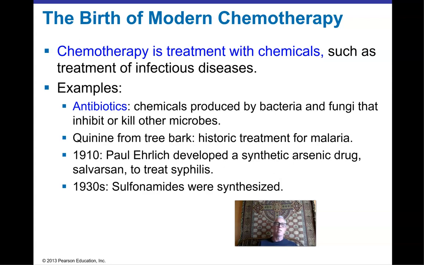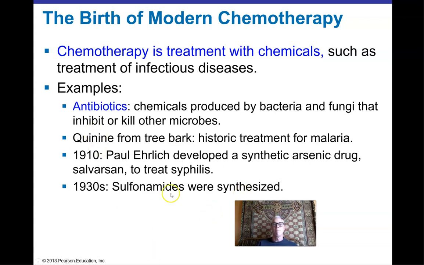And antibiotics specifically are chemotherapies or chemicals that will kill bacteria or fungi, and they come from bacteria or fungi. So they're naturally occurring chemicals that have been discovered, already produced by certain microorganisms that can then be purified and used to cure infectious disease.